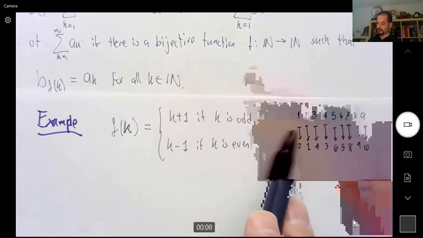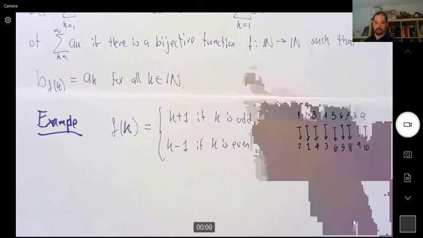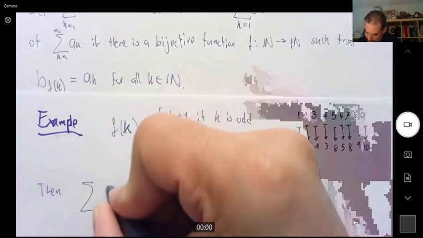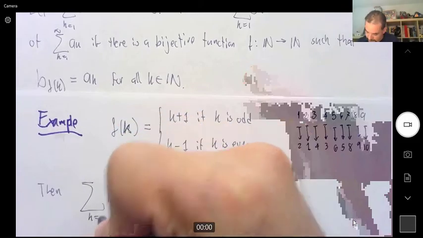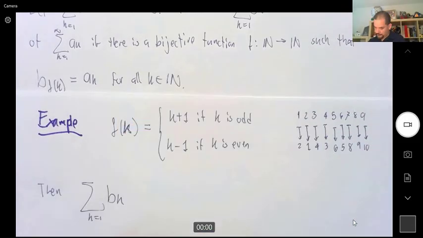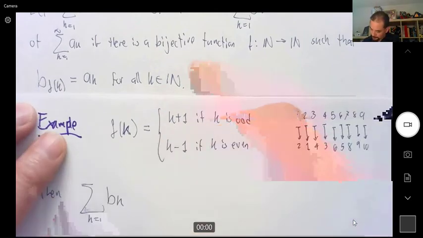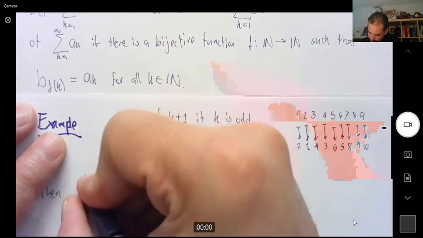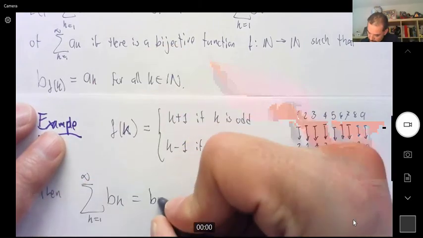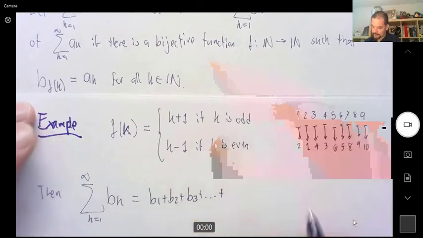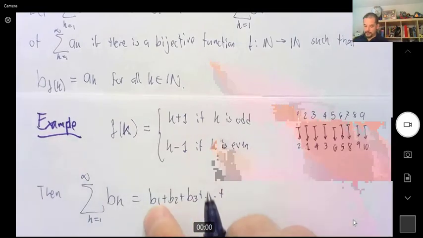So this is my new sequence. So what is the new series? The new series b sub k, what is b sub k? Well, that's b1 plus b2 plus b3, etc., right? And what is b1?